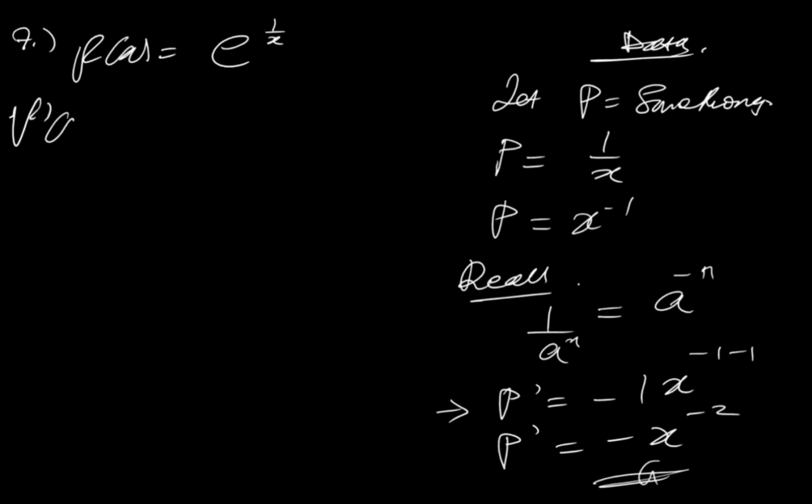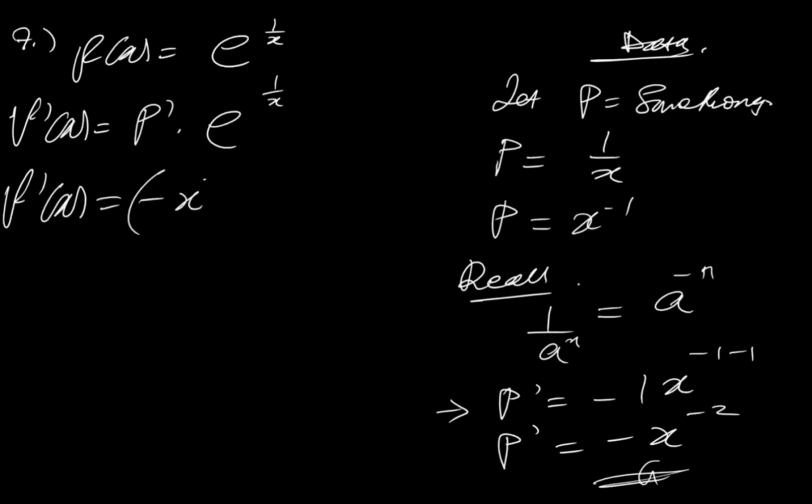So f prime of x will be equal to p prime times e to the 1 over x. Then f prime of x will be equal to, what's p prime? P prime is negative x to the minus 2 times e to the 1 over x. You can leave your answer here to avoid wasting time.